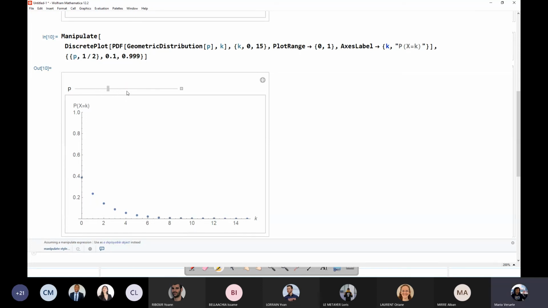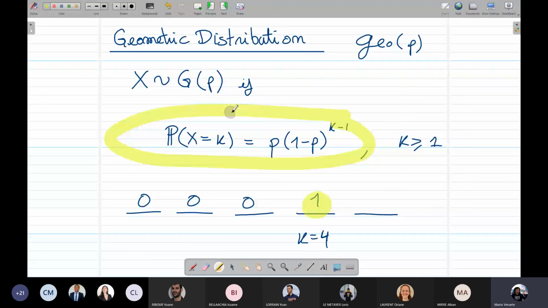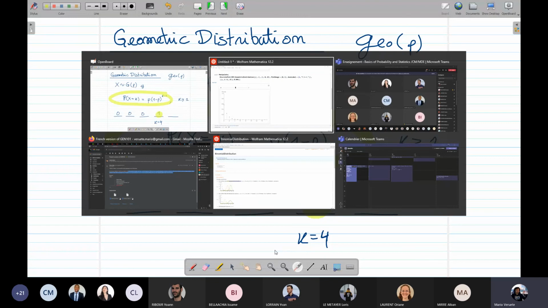Perfect. Yeah, so that's the geometric distribution. It's the first moment when I have 1. For example, here, how do you interpret this?